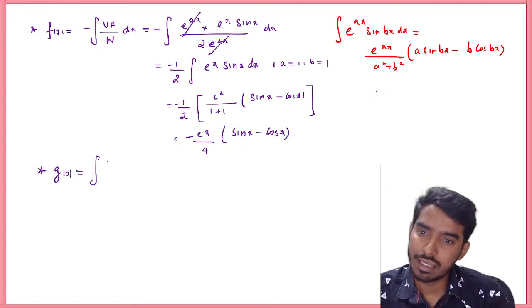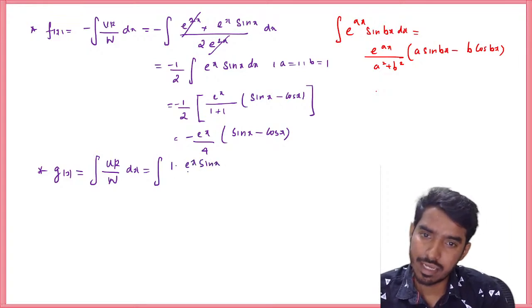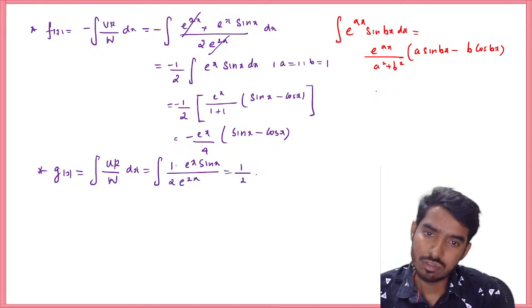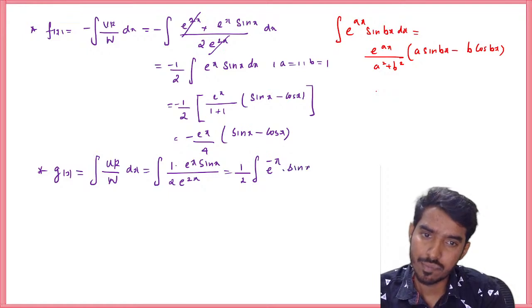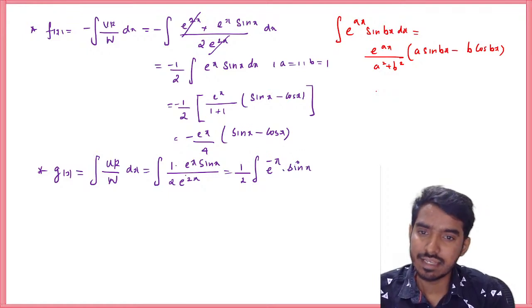g of x is integration of u r by w dx. What is u? u is 1. r is e power x sin x. W is 2 e power 2x. So this is 1 by 2 integration of e power minus x sin x, right? e power minus x sin x.